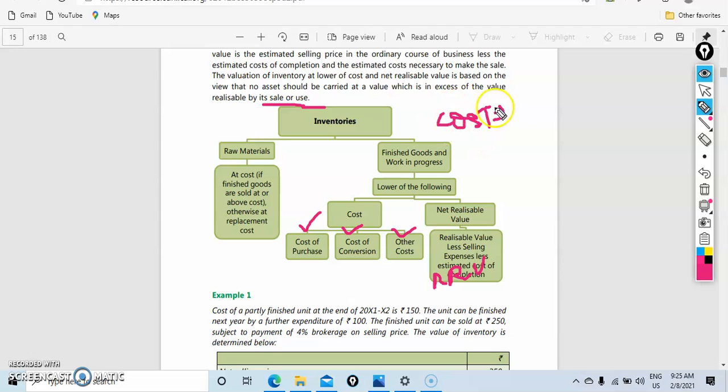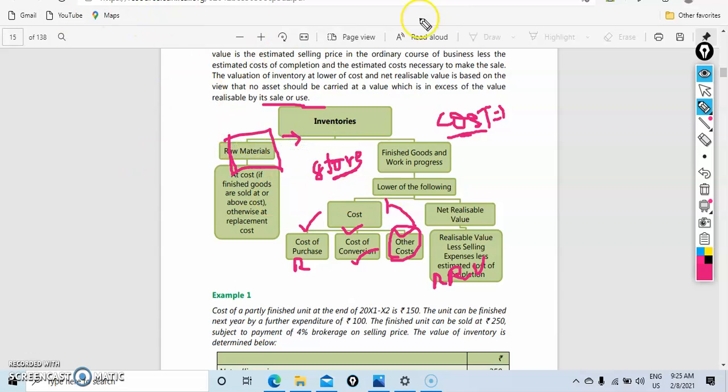For example, we purchase raw materials and convert them to finished goods. Then other costs like bringing it to our store, and transportation cost, to make that inventory be in good condition.